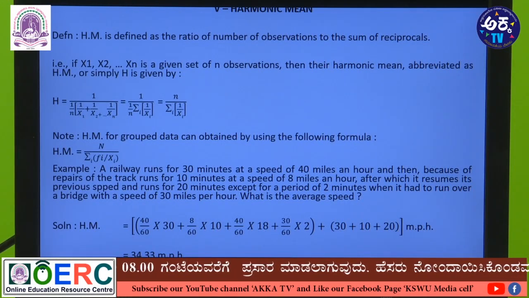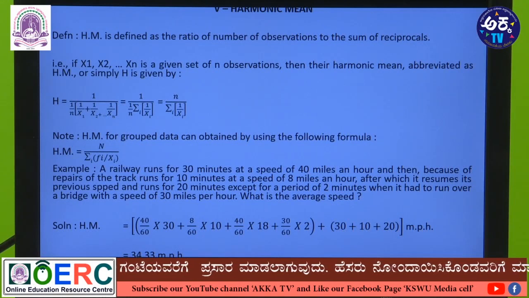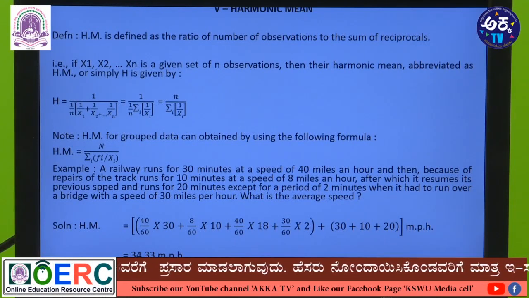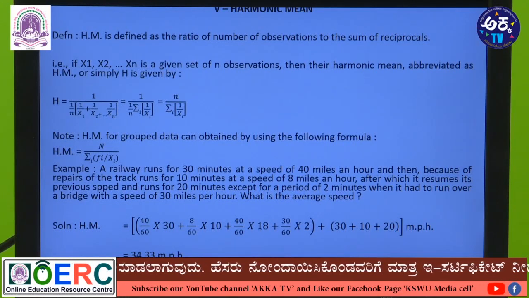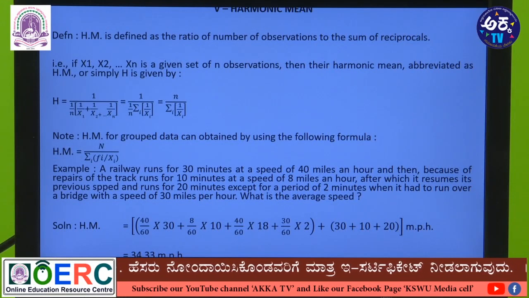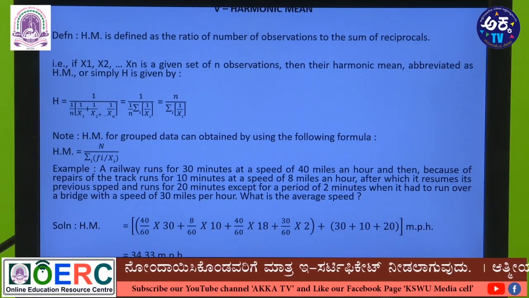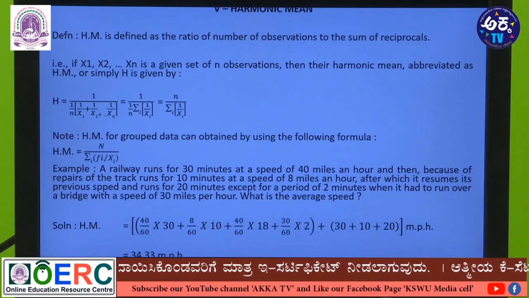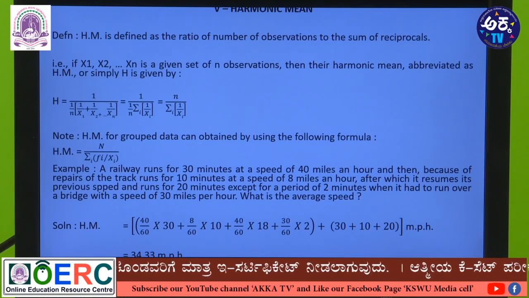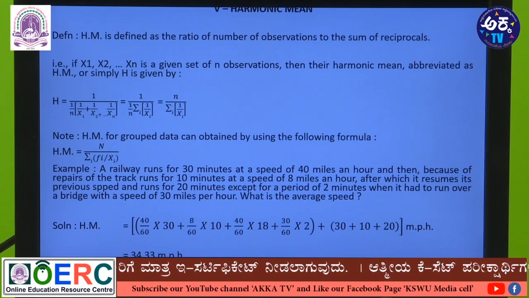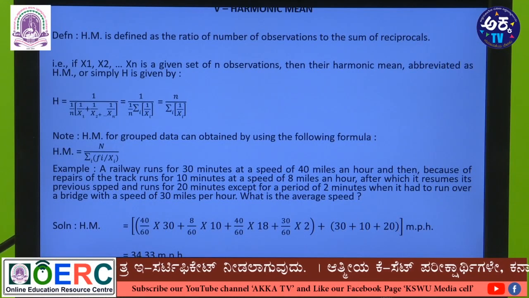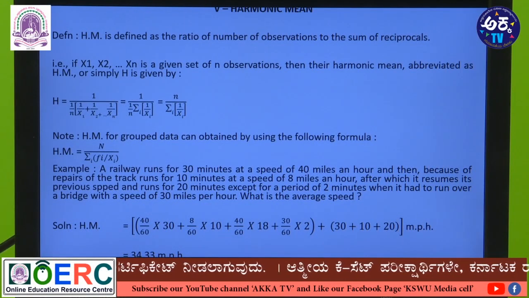And friends, note that HM for group data can be obtained by using a different formula, and that is harmonic mean is equal to capital N, which represents total frequency, divided by the sum of Fi by Xi. What is Fi by Xi? It is the ratio of Fi and Xi generated in the table itself.